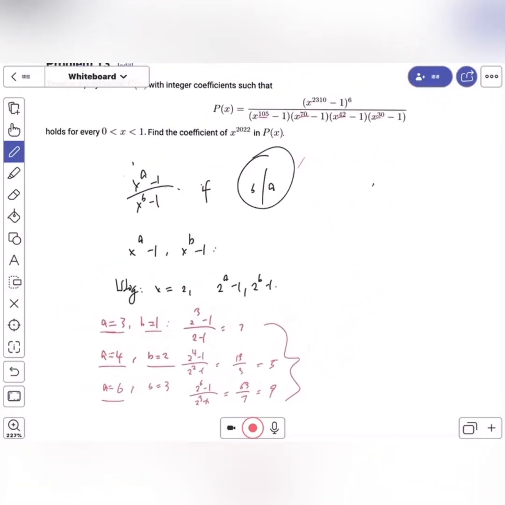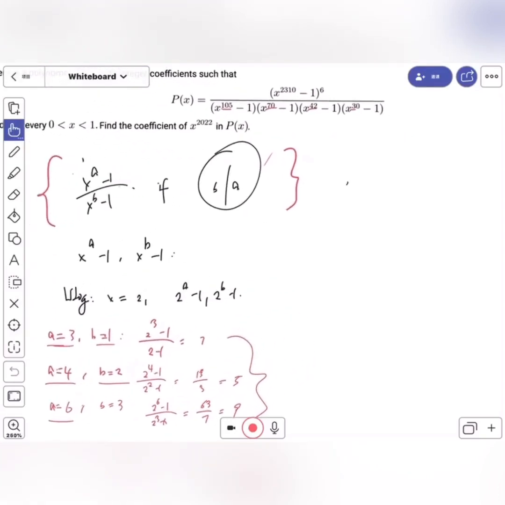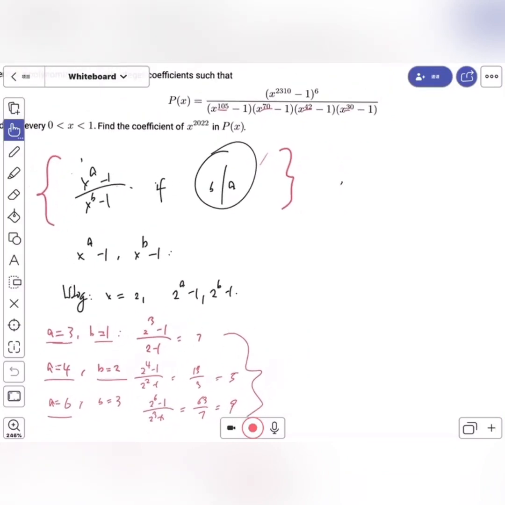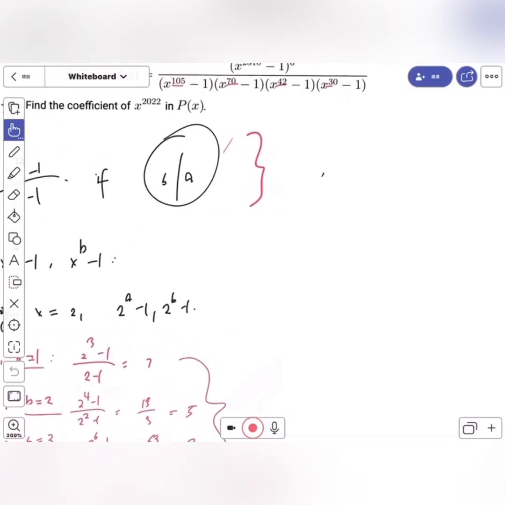Now we can see a pattern, and this guess seems to be true. So now let's try to actually prove it rigorously.